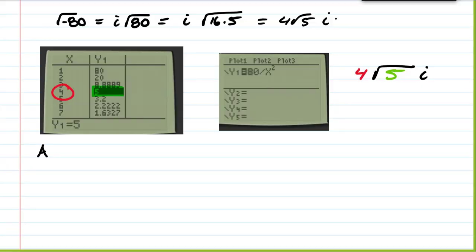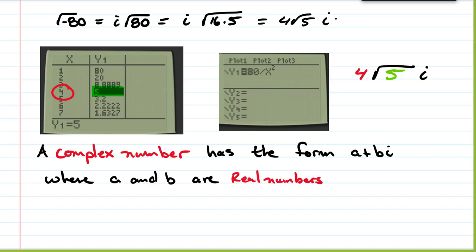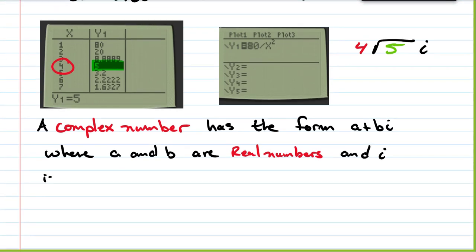So a complex number has the form A plus BI, where A and B are real numbers and I is the imaginary unit.